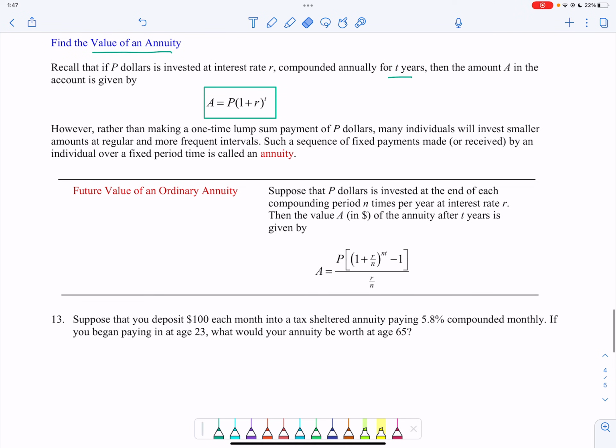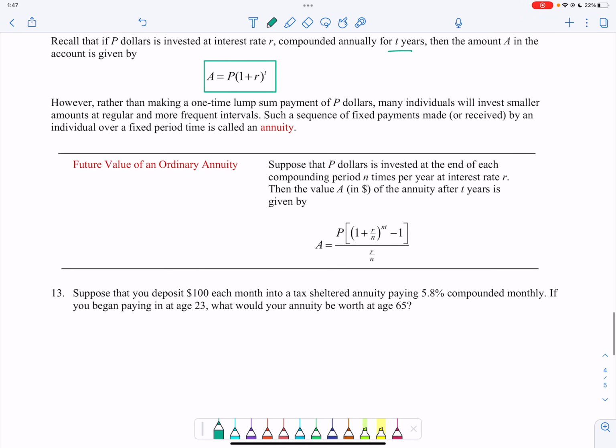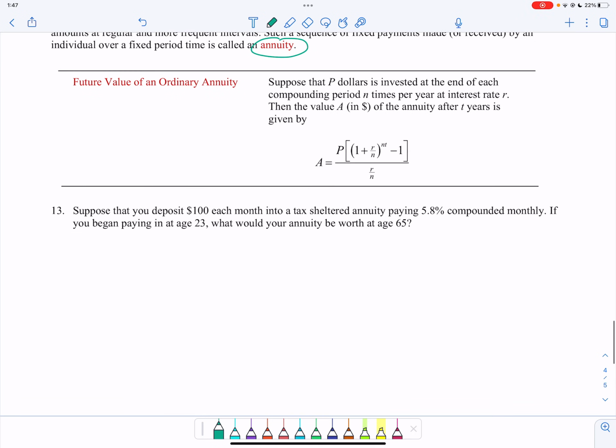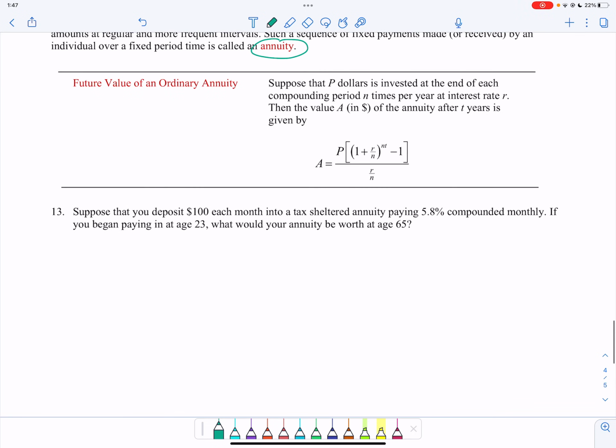However, rather than making a one-time lump sum payment of P dollars, many individuals will invest smaller amounts at regular, more frequent intervals. Those are called annuities, and they are over a fixed period of time. So the future value of an ordinary annuity is given by this equation.